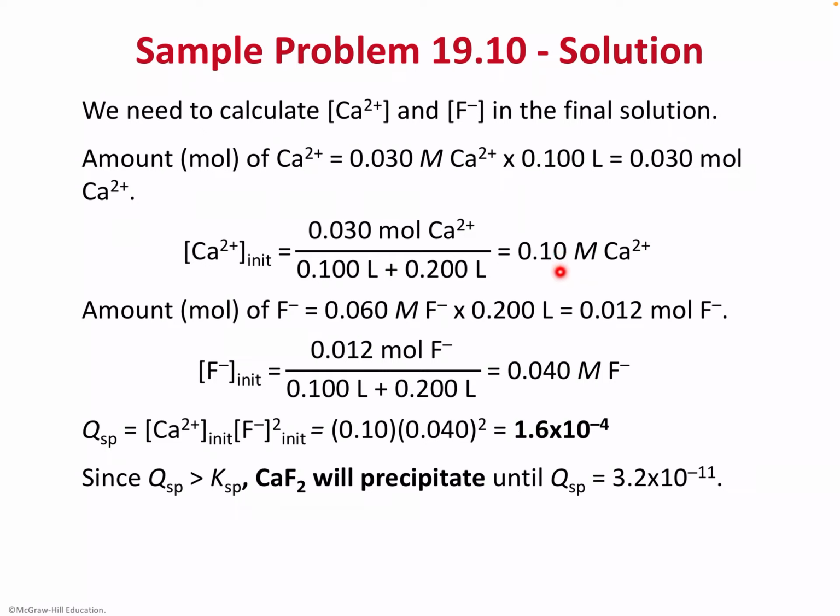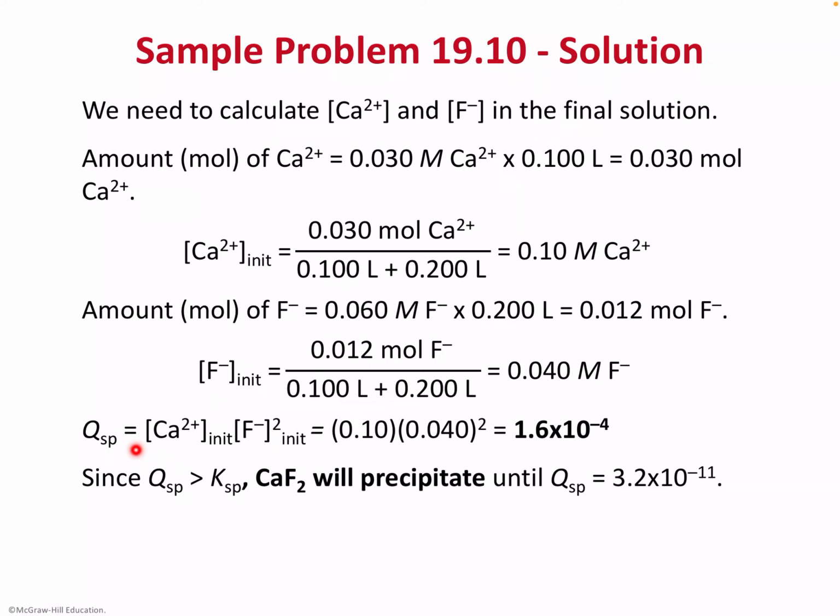And then the amount of fluoride: molarity of the fluoride solution 0.06, volume 0.2, so 0.012 moles of fluoride. The initial concentration of fluoride would be that number of moles over the total volume, 0.1 plus 0.2, 0.3. When you do this calculation, it would be 0.04.